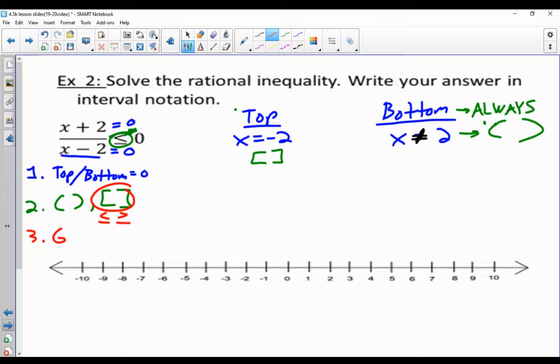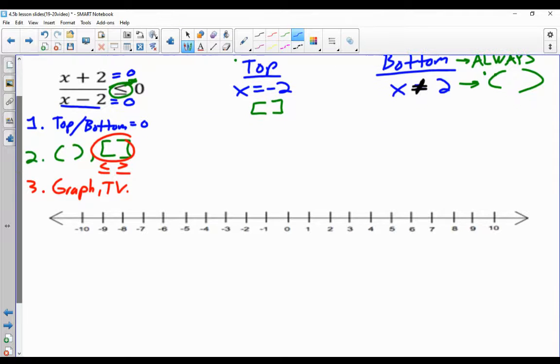The third step is we're going to graph the information we have. Then we're going to find some test values, or TVs, plug and chug to find our answers. All right, so let's do that part. First I have my top right at -2, and -2 is going to have, not open, I meant closed brackets.